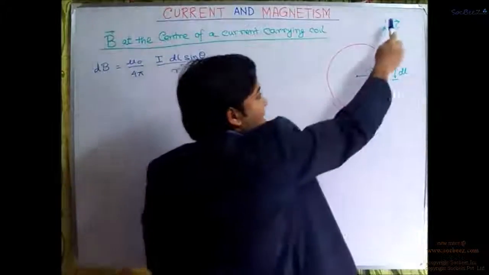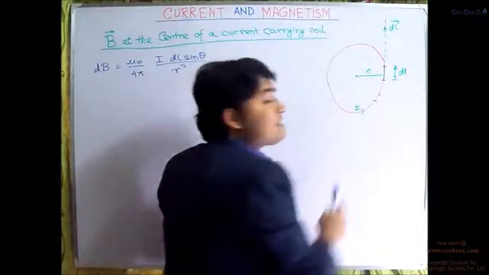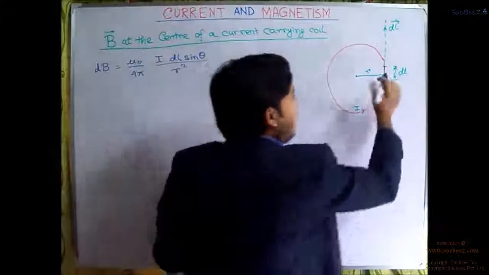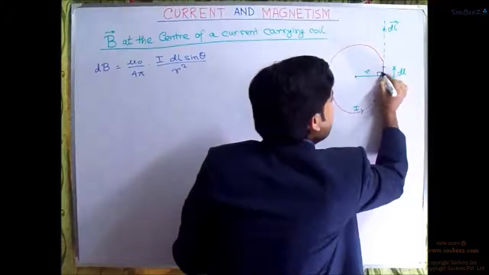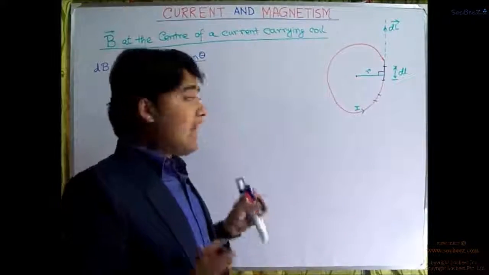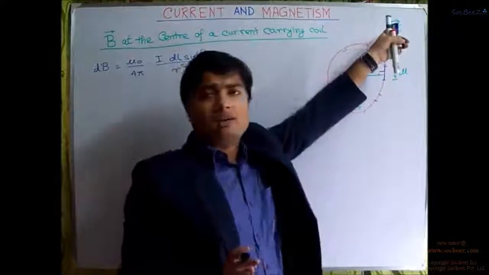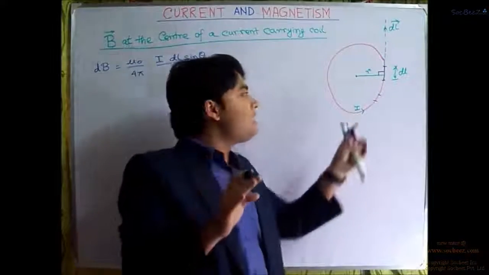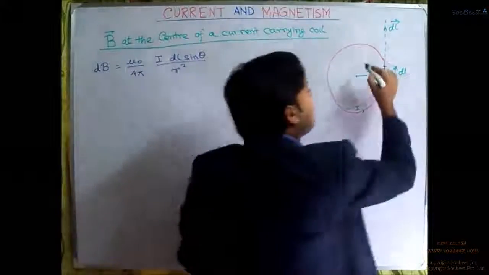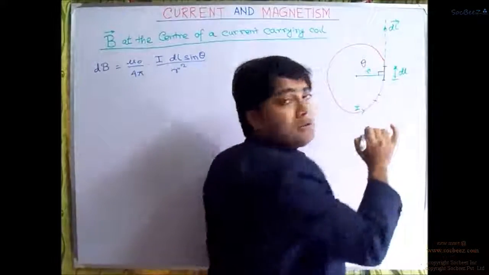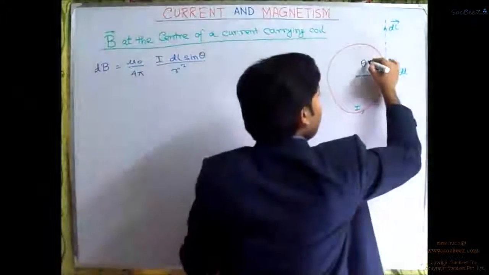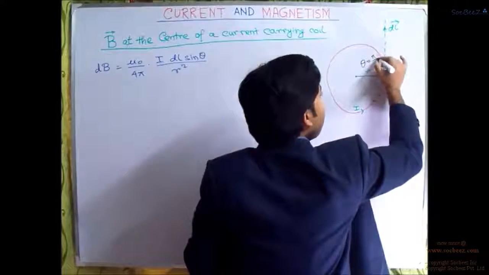And if this is the tangent and this is the radius, we know that the angle between the tangent and the radius is always equal to 90 degrees, right? And what is the tangent over here? This is dl. And what is the radius? It is r. So this was the theta, this one, and the theta over here is pi by 2.